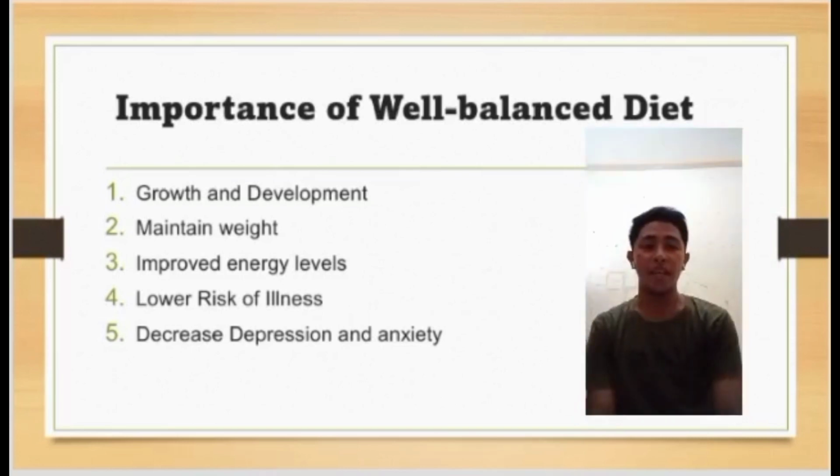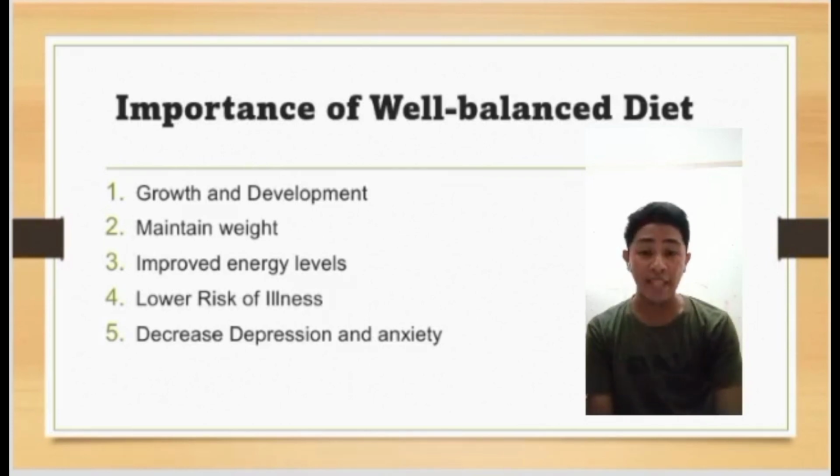The third one is improved energy levels. The tried and true advice for healthful eating also applies to keeping your energy level high. Eat a balanced diet that includes a variety of unrefined carbohydrates, proteins, and fats with an emphasis on vegetables, whole grains, and healthy oil.